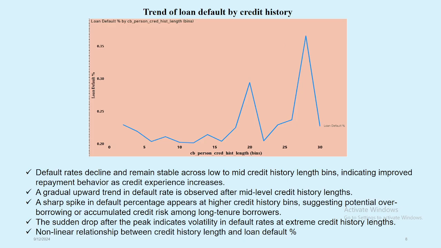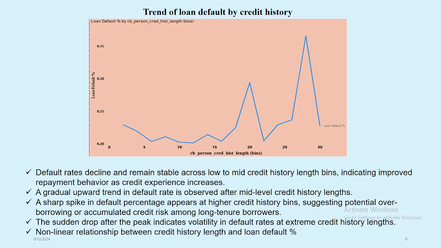At the mid, around 20 years of credit history, the loan default rate shows an increasing trend. Again it shows a spike in default percentage at the higher credit history bins. It means potential over-borrowers have accumulated credit risk among the long-tenure borrowers. And we could also observe a strong sudden drop after the peak.